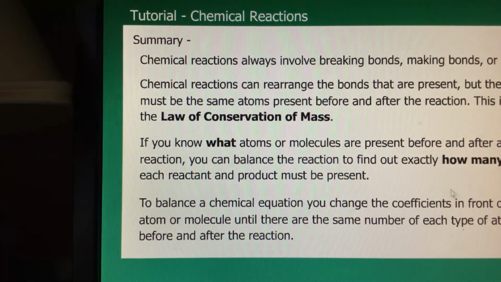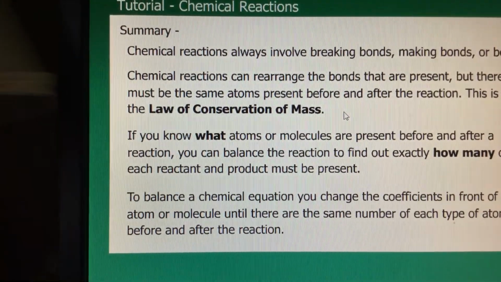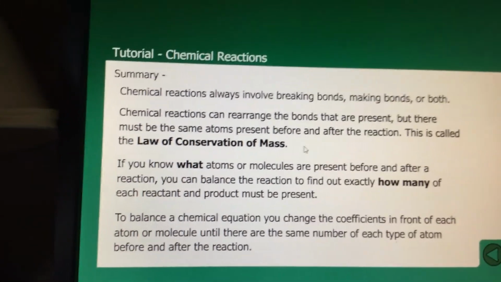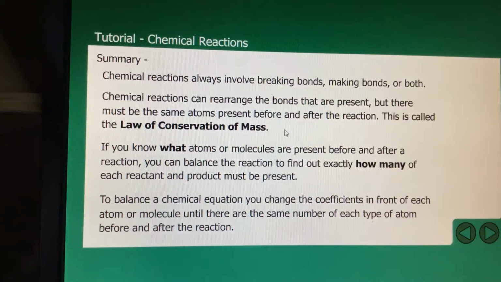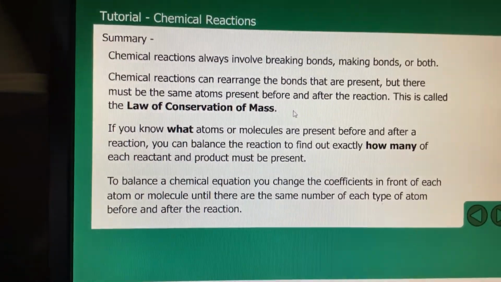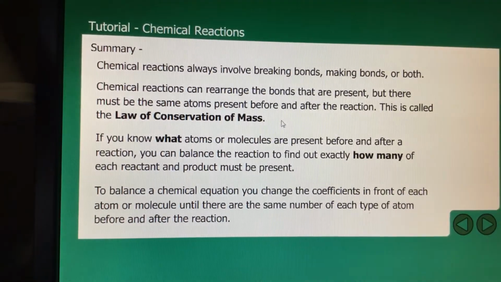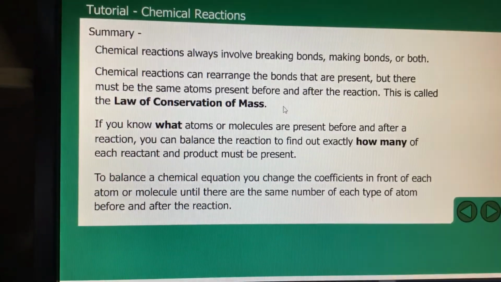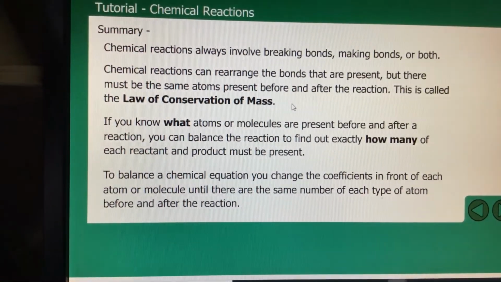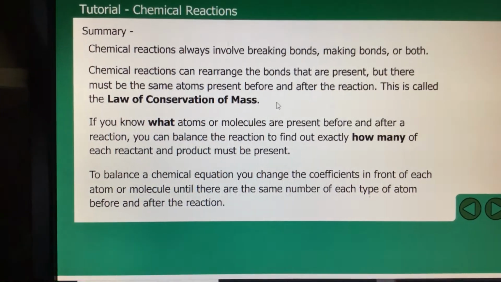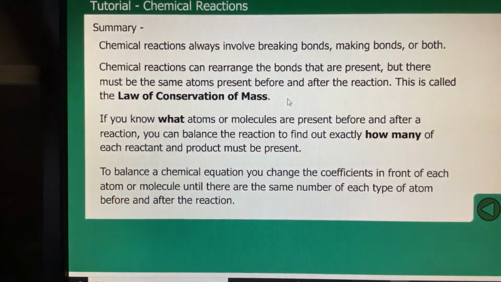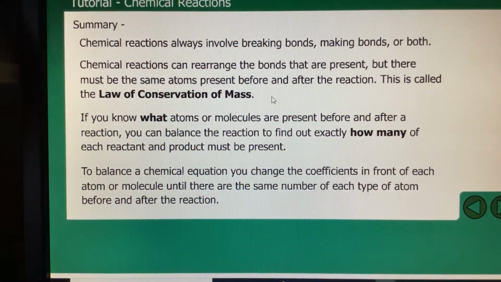All right. So take a look at this. Let me back up a little bit so you can read this. Chemical reactions involve breaking bonds, making bonds, or both. Chemical reactions can rearrange the bonds that are present, but there must always be the same atoms present before and after the reactions. This is called the law of conservation of mass.